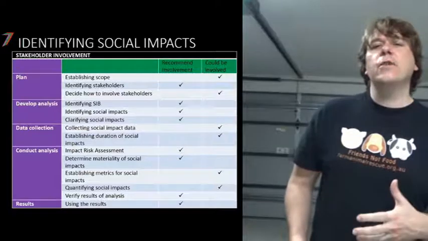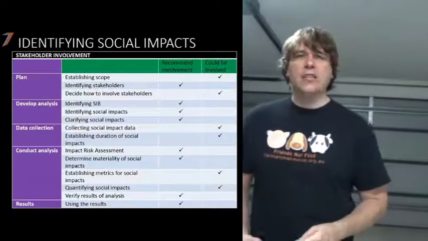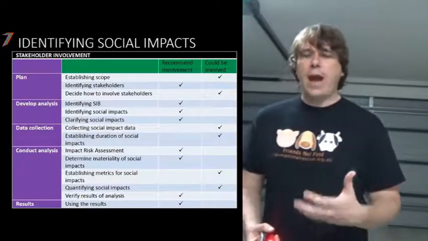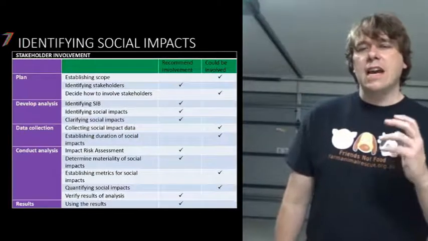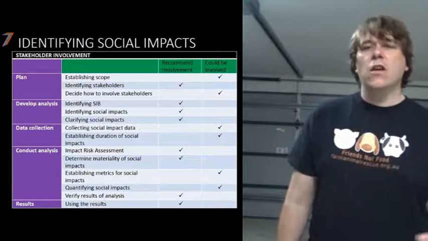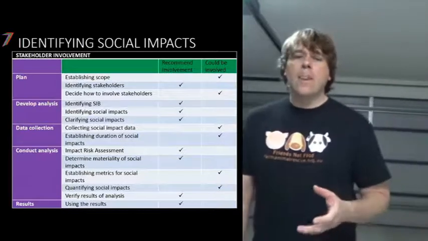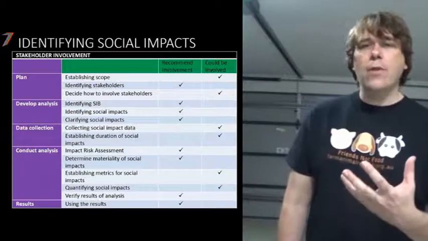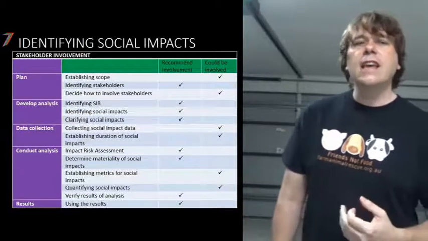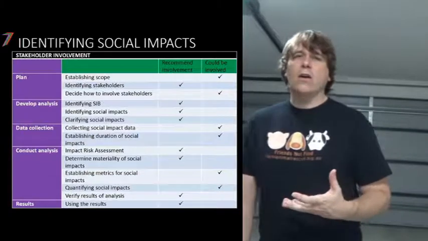Get the community's view on what is important and what the impacts really are, which is sometimes not clear to a planner. They may identify a problem and just roll on with it, but the community are the ones experiencing these impacts, so their input is quite critical, and it should be sought at different stages as well.